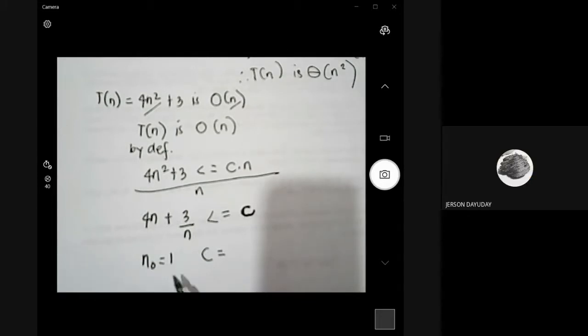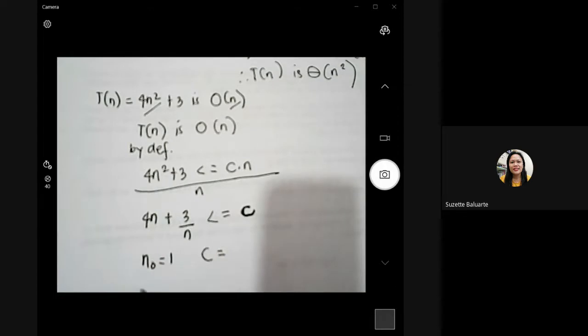Miss. Oh. What if mo increase? Very good. What if mo increase si n sub 0 to 2? Di ba 4 times 2 equals to 8? Sakto? So, if your n will increase, the value of your C will increase also for this example.